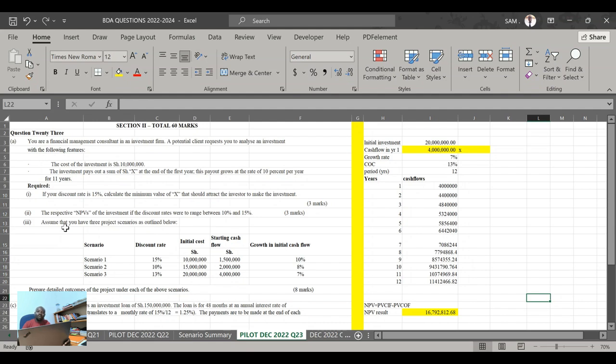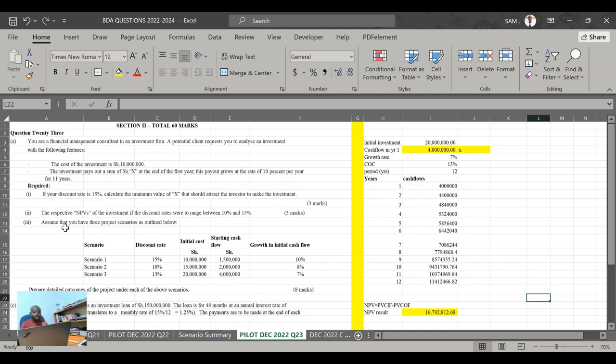We have one variable data table, which can also be called one tail data table. Then we also have two variable data table, which can also be called two tail data table. So we handled Roman number 2 using one tail or one variable data table. And I believe if you were here in our last session, if you've reviewed the video, you are at par. If you haven't, kindly go back so that you are not left behind.